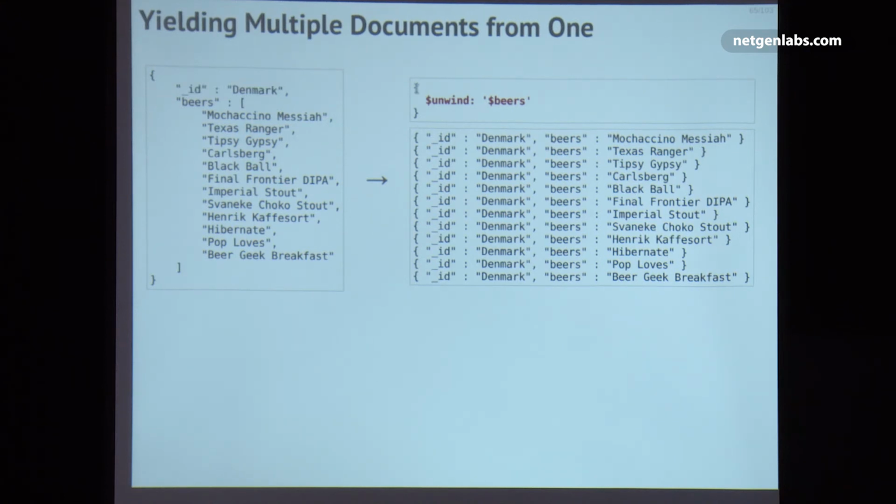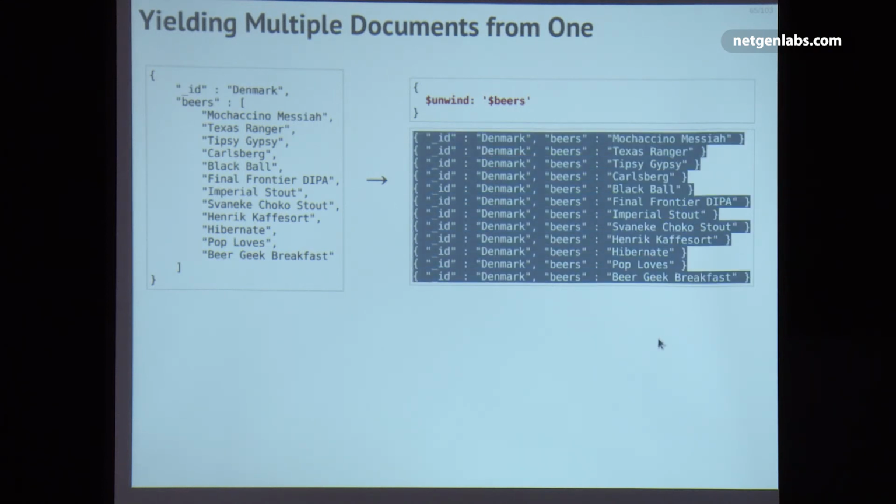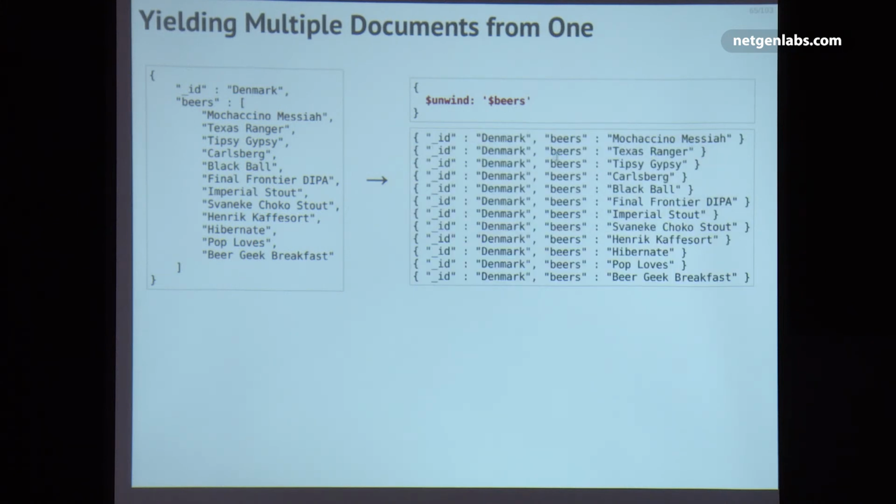So when I call the operator called unwind, and I specify, it only works on arrays. So it only works if the beers field is an array containing different beers. And when running this operator, as a result in the pipeline are now documents for each of those values. So you see underscore ID Denmark, beers, Mochaccino Messiah.